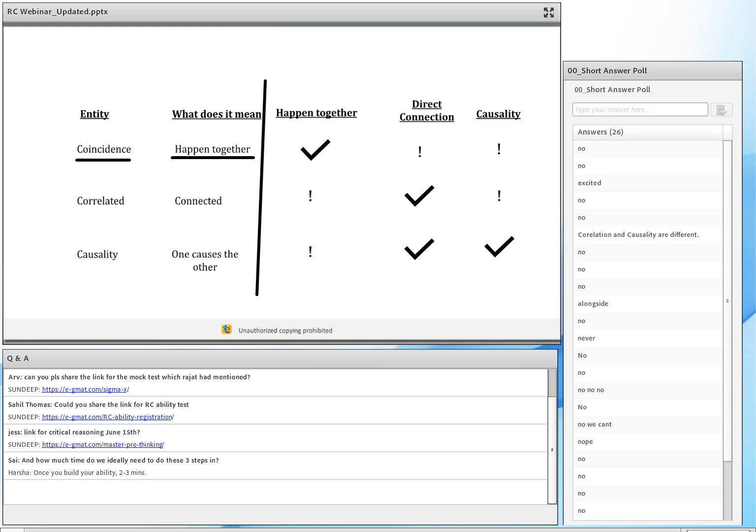If they're correlated, it means they're connected. It means that there is a direct connection between them. It doesn't mean that they happen together. It doesn't mean that one causes the other. And that's really important. And causality, which is the strongest kind of connection between two, means that one causes the other, which means there's a direct connection. They may not happen together, by the way, but one causes the other.